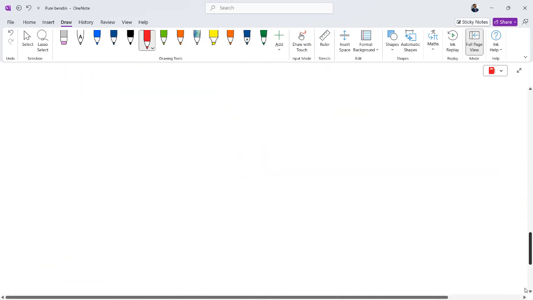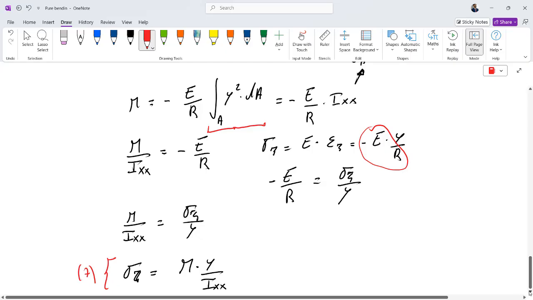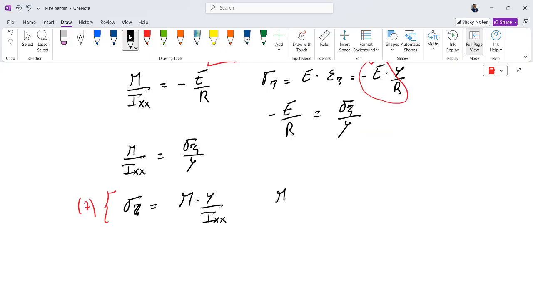If the moment applied in this example is minor than zero, in this case counterclockwise for me, and y1 is major than zero, we obtain a sigma z related to y1 that is minor than zero.